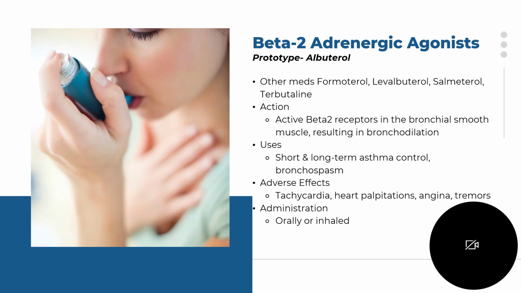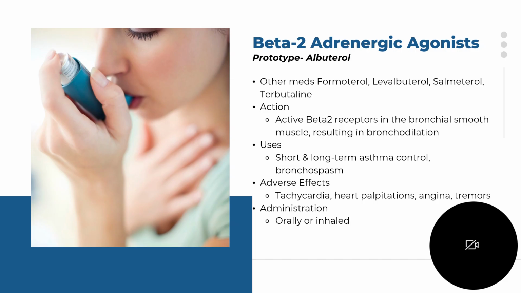So a rescue inhaler is a beta-2 adrenergic agonist. Albuterol is a rescue inhaler. I will point out, it's not specified on this slide, it is a little bit later on, but there are short-acting and there are long-acting beta-2 adrenergic agonists, okay? They function to relax smooth muscle, which is how they dilate my bronchioles, okay?